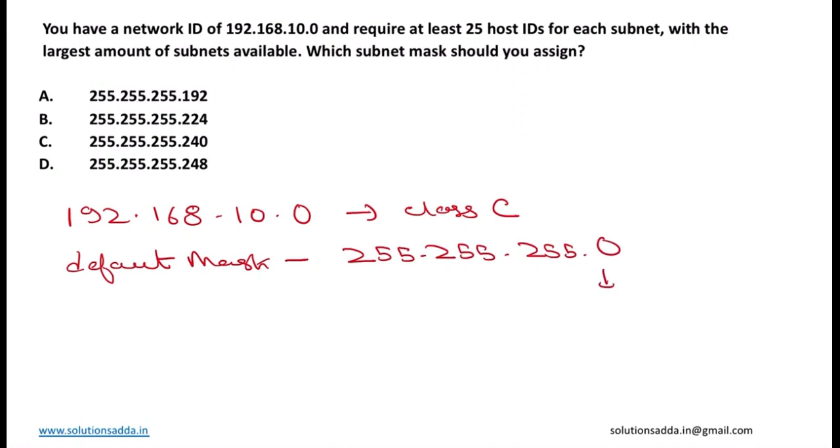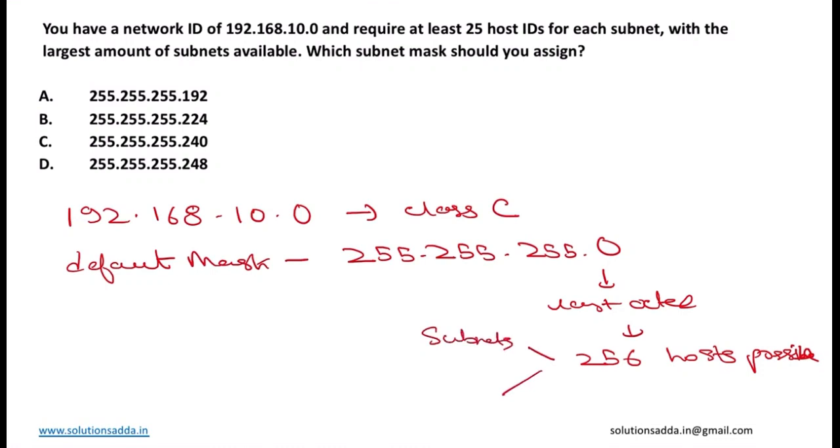So from the last octet, total number of hosts possible is 256 hosts. But we need to fix the bits to create the number of subnets and hosts from this. So basically we require 25 host IDs.